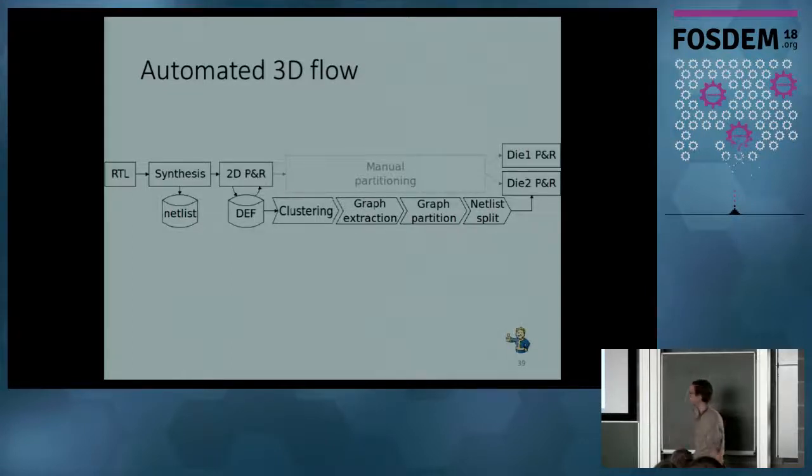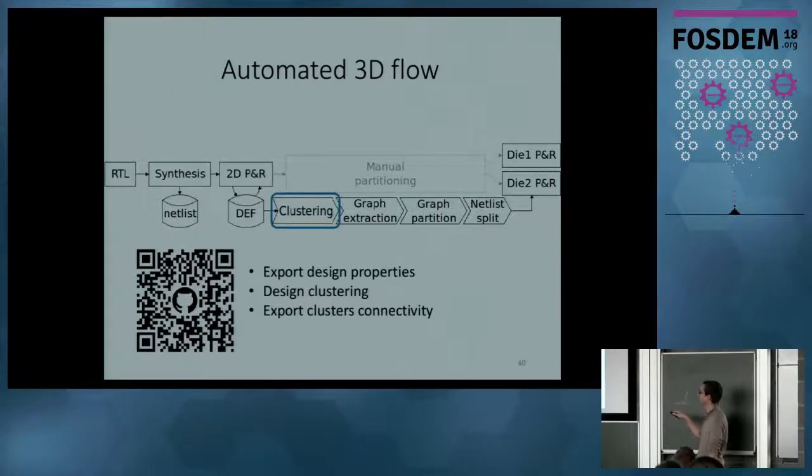Okay. So some of those blocks are homemade, like for example the clustering. We just take the DEF file that is used during the place and route step of the EDA flow to extract all the design geometry. We use also the LEF file for the gate properties.